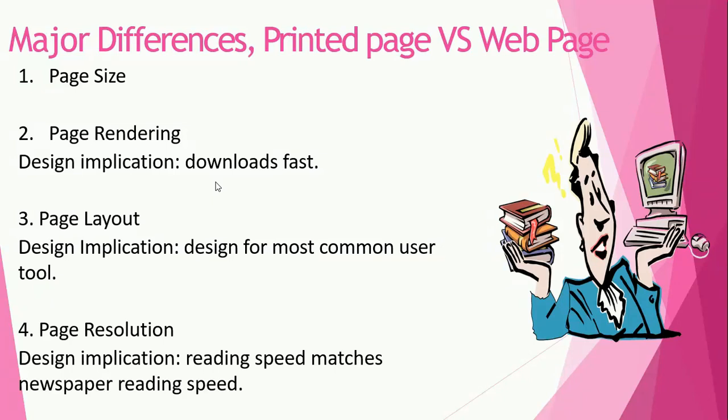Suppose you have very long documents, the resolution of those documents has to be kept very good, and keep in mind that your reading speed has to be matched with printed page reading speed. Like that you have to design the web page. The next few points, five more points, I'll do in the next slide.